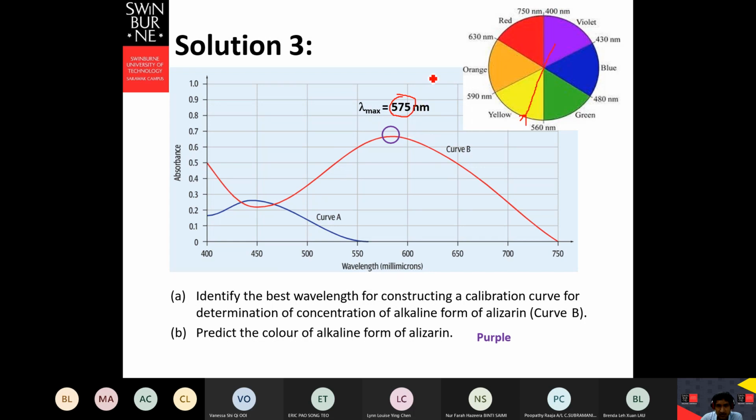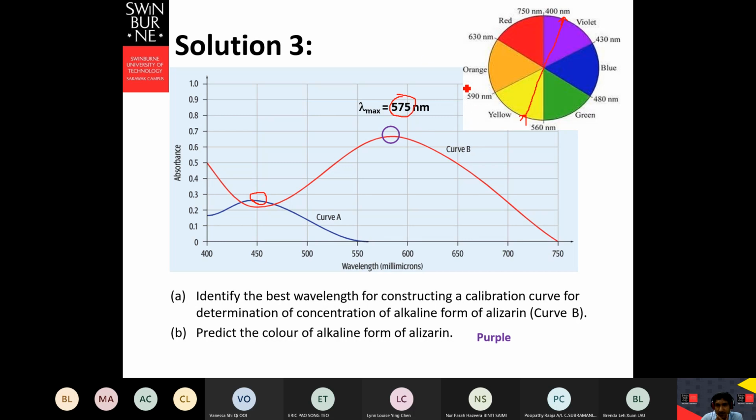So the opposite color will come to our eyes, which is violet or purple color we'll be seeing. And for acidic medium, it is absorbing 440, right?